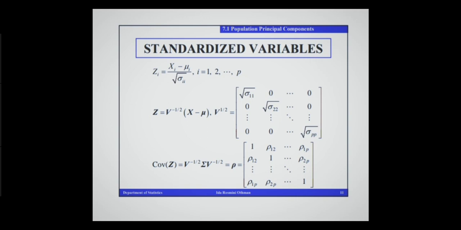Okay, another way to find the principal component is by obtaining from the standardized variables. So as you know, when we want to standardize the variables should be minus its mean and divide its standard deviation. Okay, caranya sama like before this.